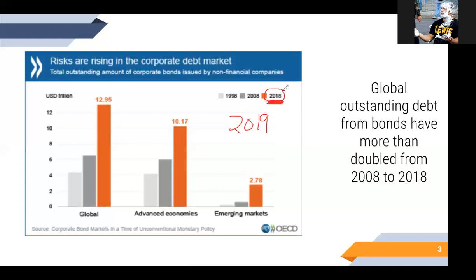So if you have 2018 data like this, that's fine if you go into Excel or recreate the chart and give me the 2019 data you found. Now you can give me 1998, 2008, 2018, and 2019.